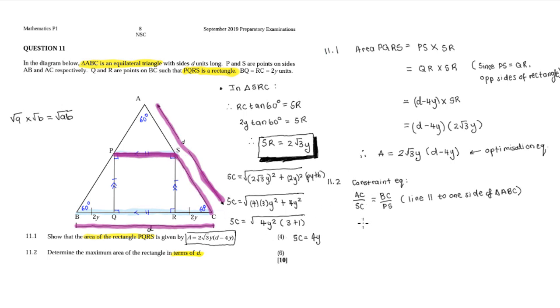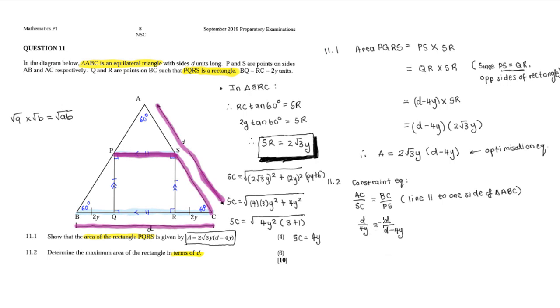You can then substitute that. So we have D divided by 4y is equal to BC, which is also D, divided by PS. We've already noted that PS is equal to QR, so we don't need to rewrite that reason. We can simply go into D minus 4y.